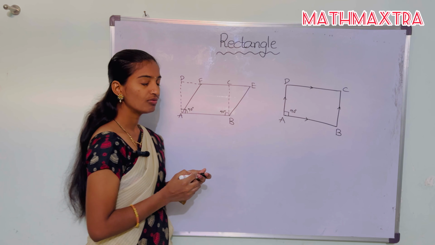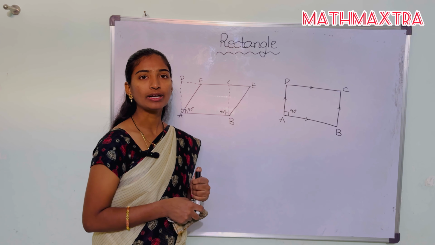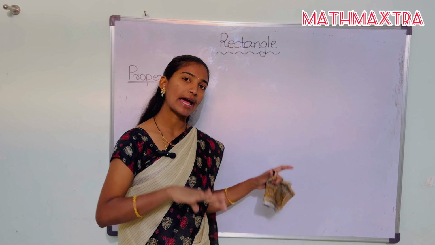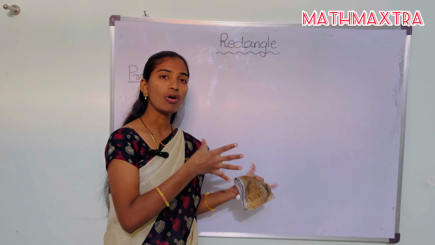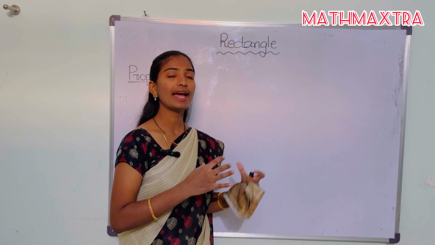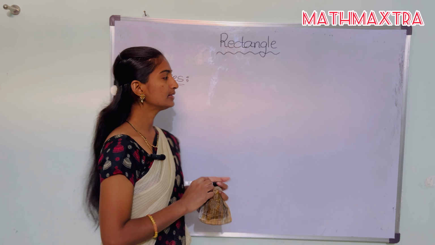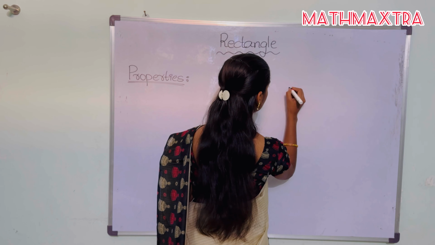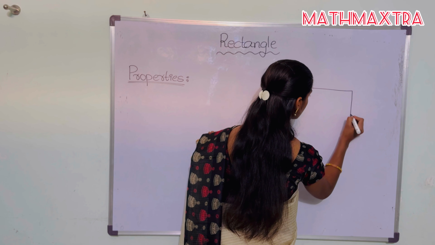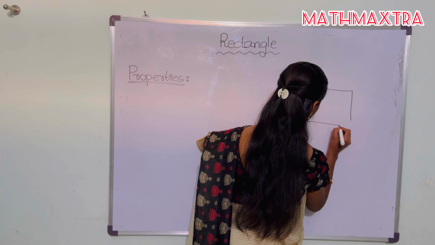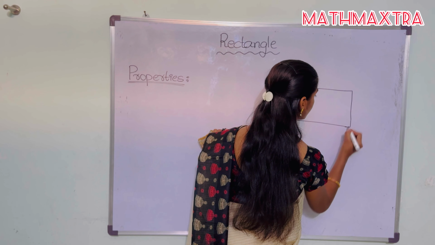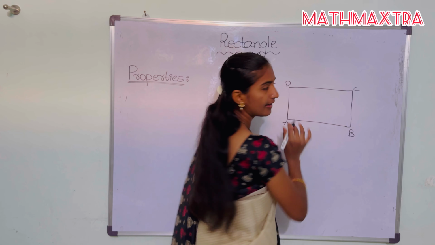Now we will discuss different properties of a rectangle. As a rectangle is a parallelogram, it holds all the properties of a parallelogram. Along with that, it has some more properties. You take one rectangle.